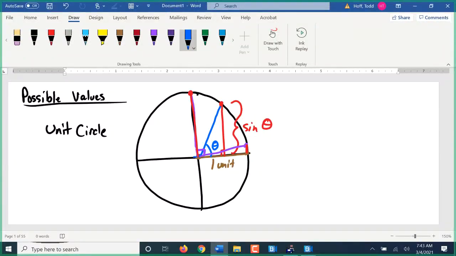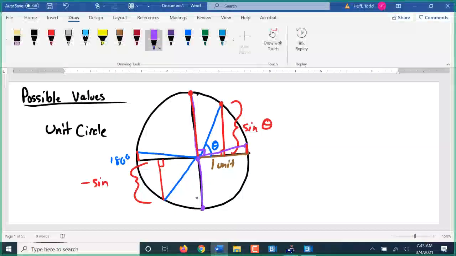Now we said it can get down to 0, and it can, but it can actually get smaller than that. As the angle goes past 180 degrees, down into here, the sine actually gets negative because it's below the reference axis. However, there's again a restriction. The smallest it can go would be right here. When it's straight down, that would be -1.